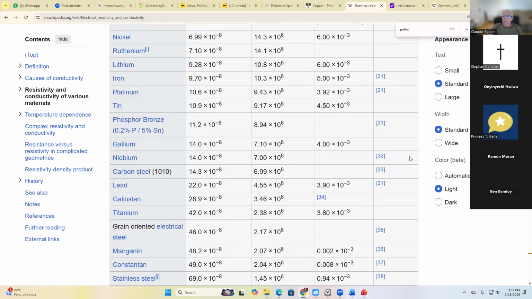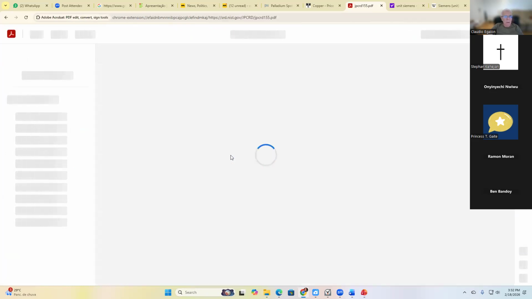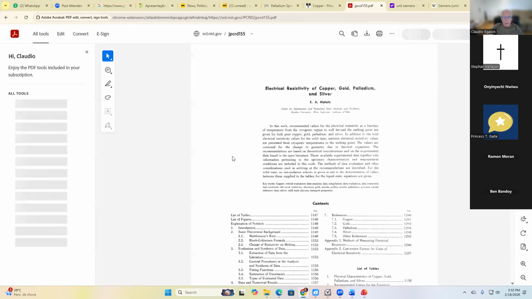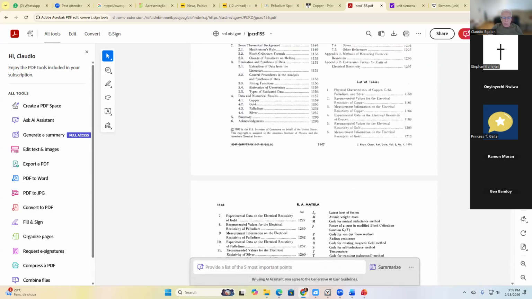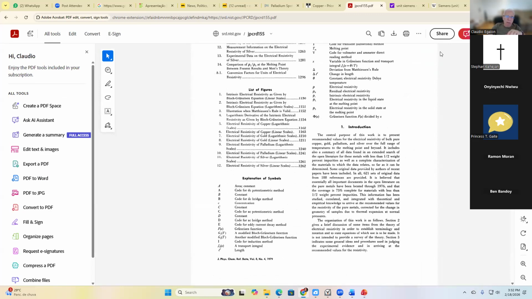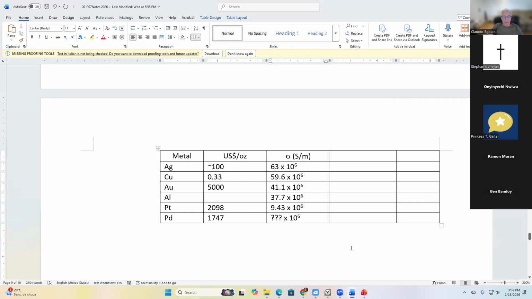I do not know why. But they do have the electrical resistivity of palladium. We have to change the unit. Well, I'm not going to struggle with that, okay? I guess you are getting the idea, right?